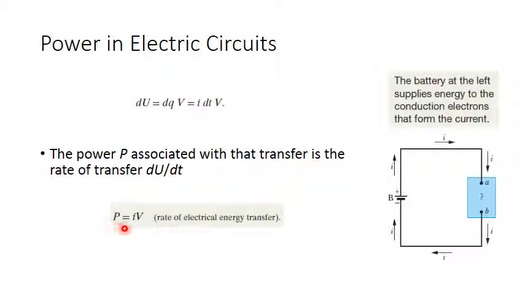So in this case, the power P would be the current I multiplied by the potential difference V. So the power associated with the transfer is the rate of electrical energy transfer, P equals I multiplied by V.